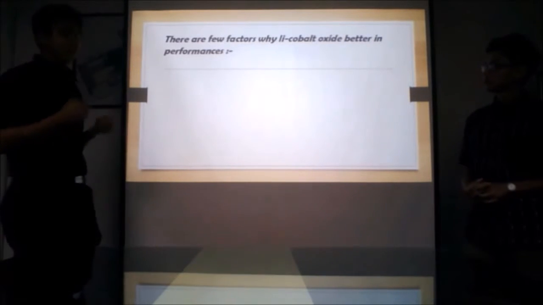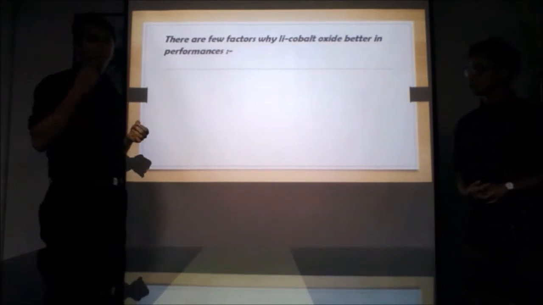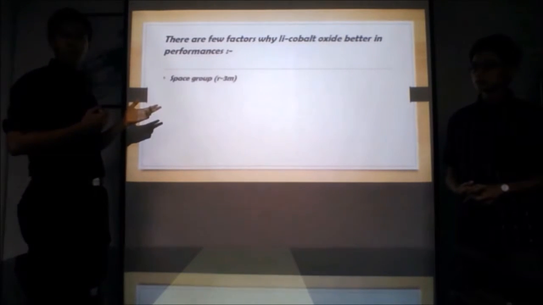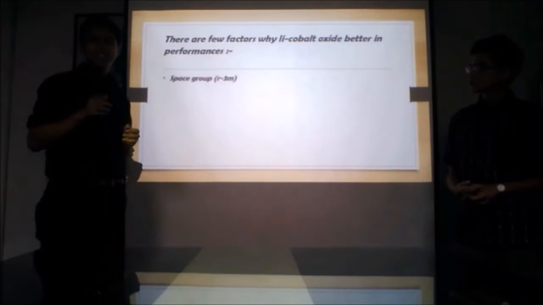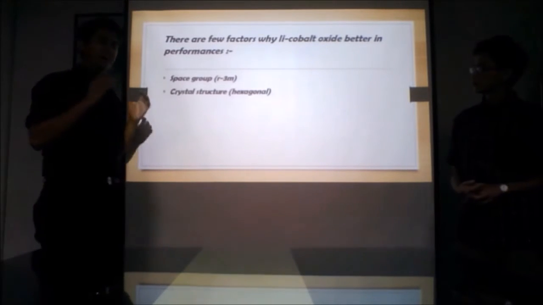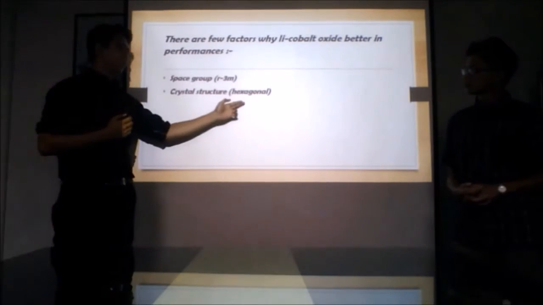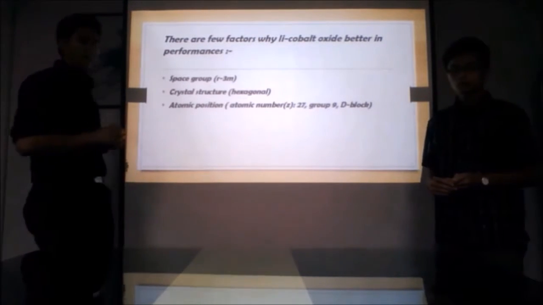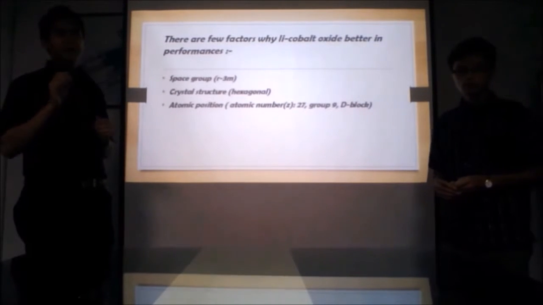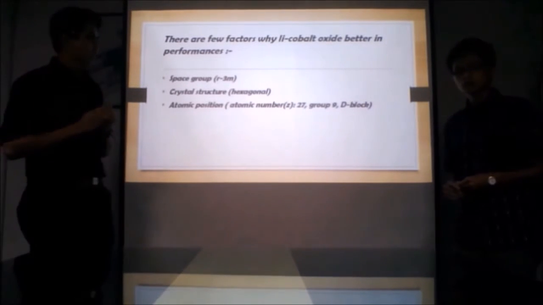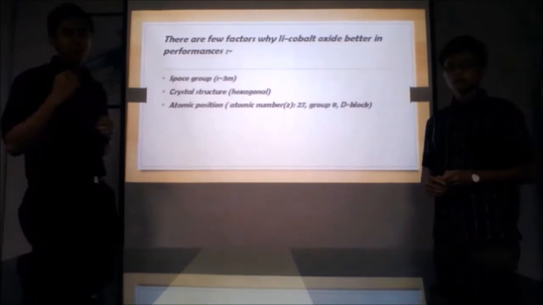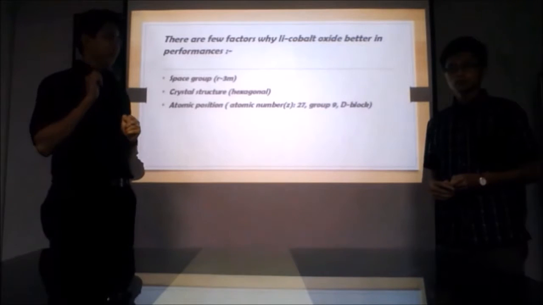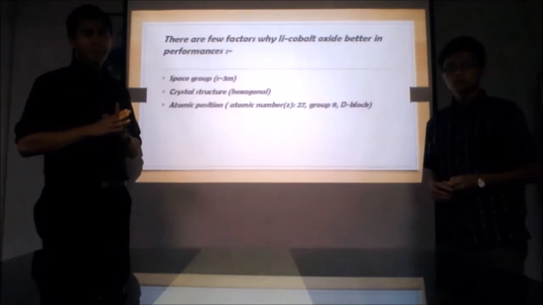Lithium cobalt oxide performs better due to its space group of R3m, which is correlated with the hexagonal crystal structure. Besides that, cobalt has an atomic number of 27, in group 9 and the d block of the periodic table.